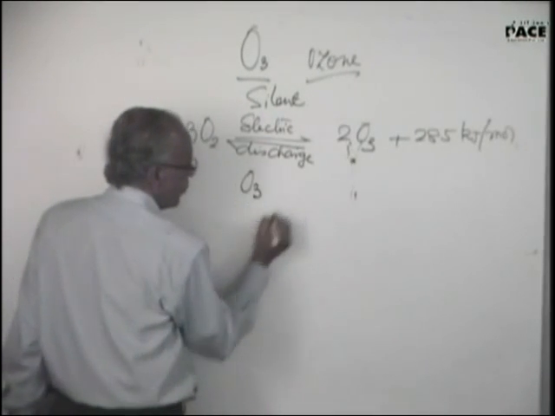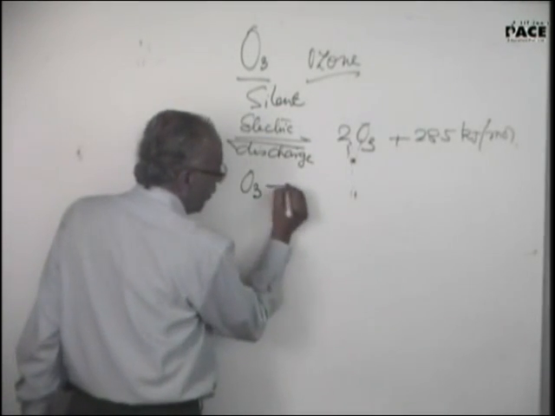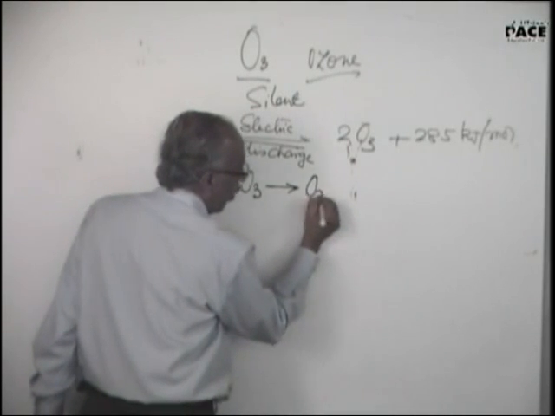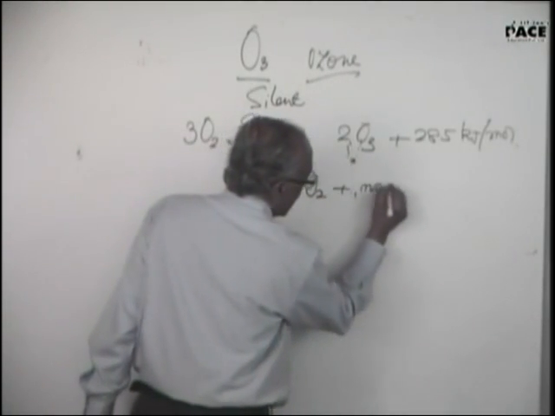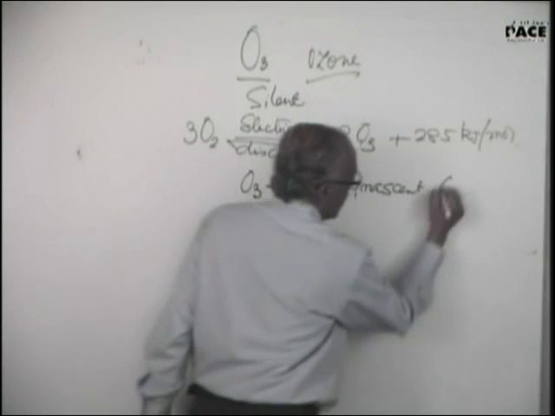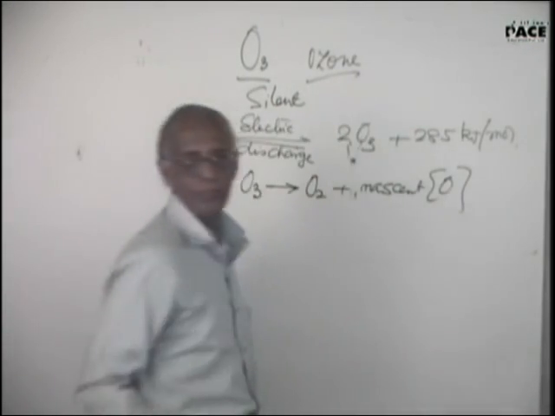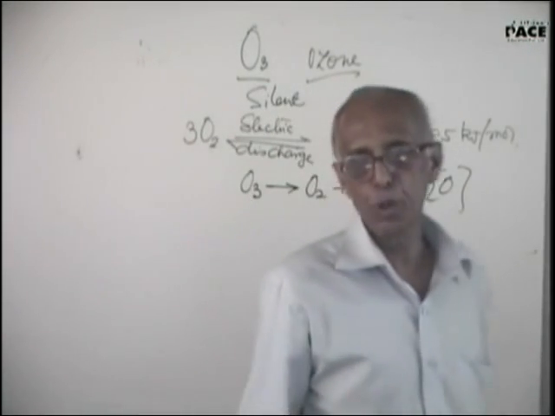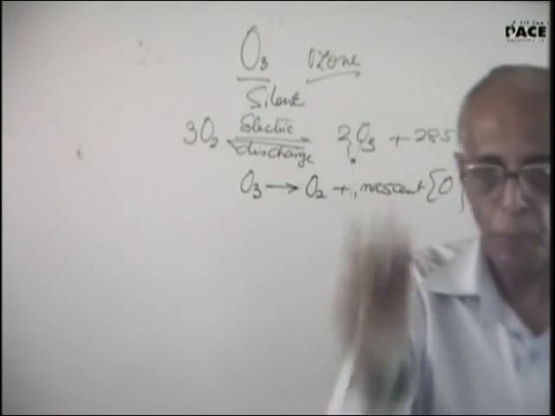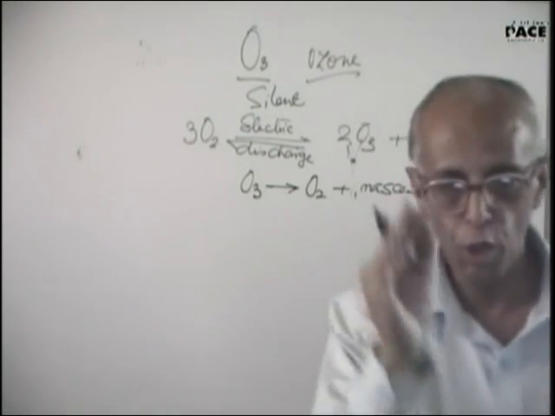Ozone, always treat it as O2 plus nascent oxygen. For any reaction of ozone, 1 mole of oxygen will be evolved per mole of ozone.